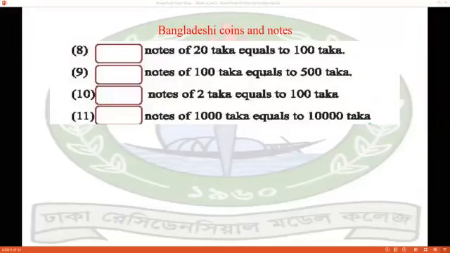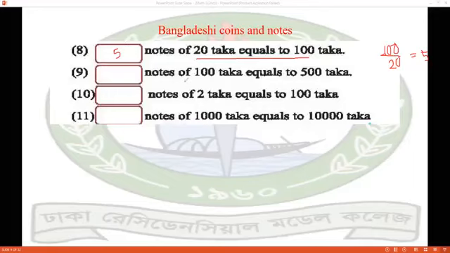So 20 taka equal to 100 taka, you have to divide 100 by 20, so there will be 5. So we write 5 notes of 20 taka equal to 100 taka.